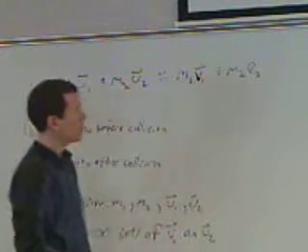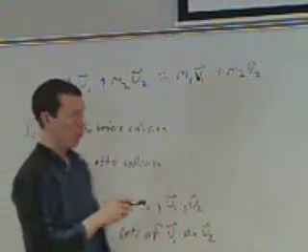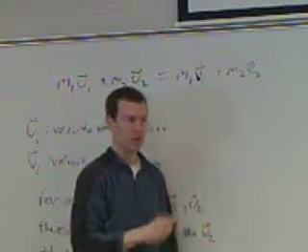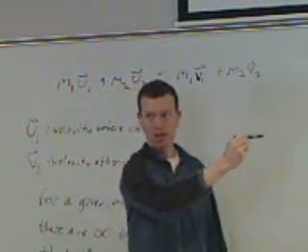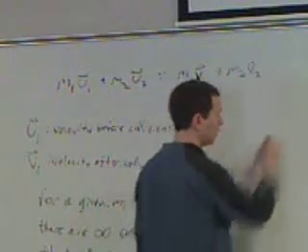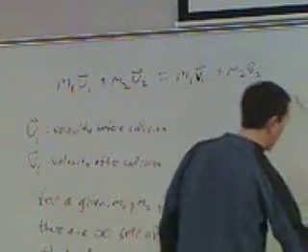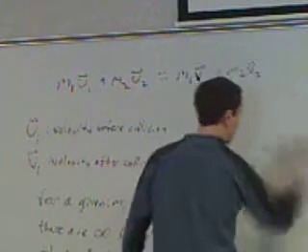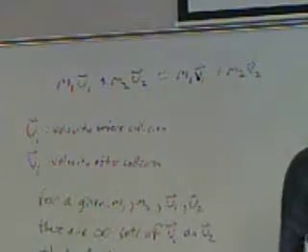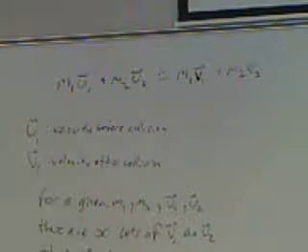Even if we limit this to a 1-dimensional system, which means things are just moving along a line, not 2 dimensions, which would be things moving around in a plane, we're going to talk about the special case of a 1-dimensional system. But even there, we still have 2 unknowns.